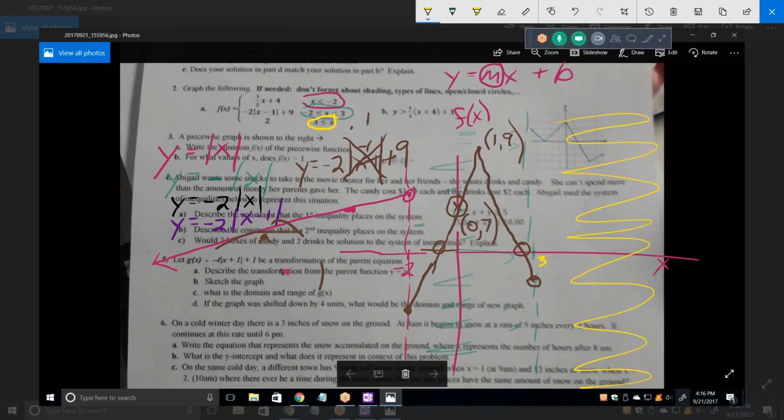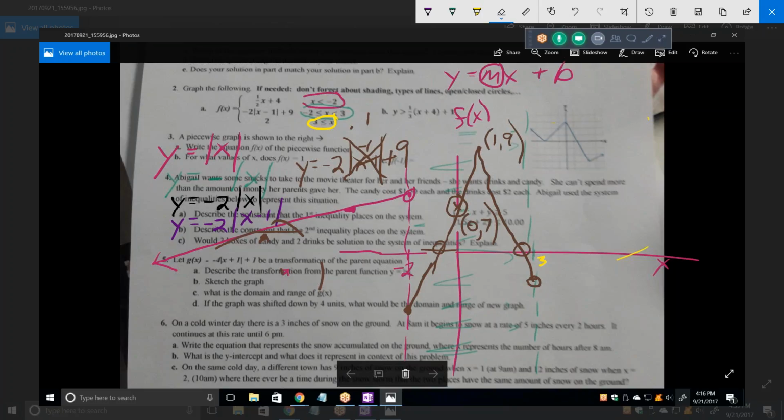How do you graph f of x equals 2? Vertical lines are x equals some number.